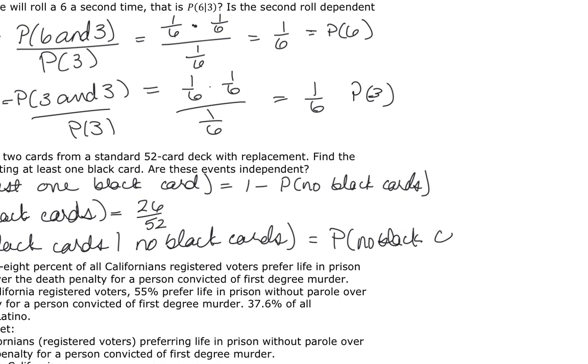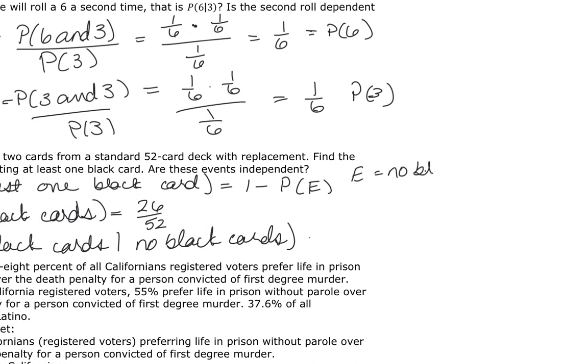Should have just labeled this E. So in fact, that's what I'm going to do. I'm going to just make my life easy and say no black cards is E. So this is the probability of E, where E equals no black cards.